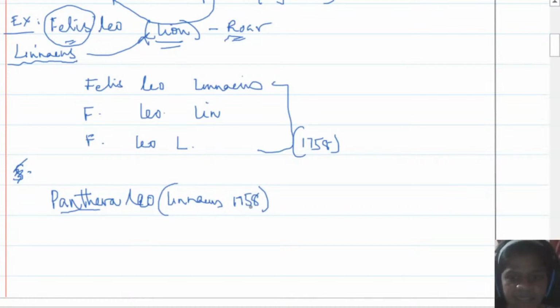This means that in 1758, this guy Linnaeus actually put the species into a different genus, which is Felis.